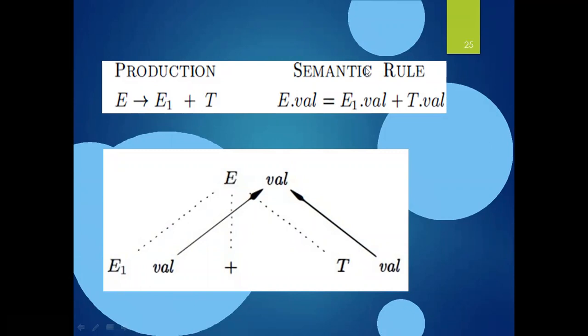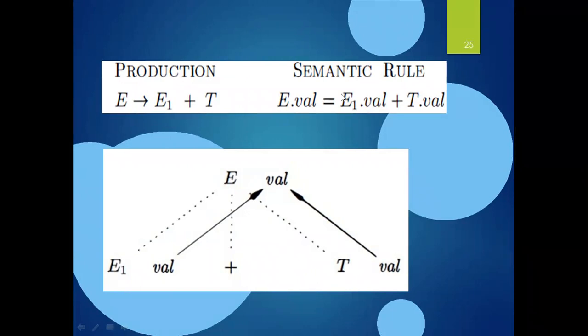And see here, I have an annotated tree representation. The dotted line is the parse tree representation. And the line with direction is the dependency graph representation.